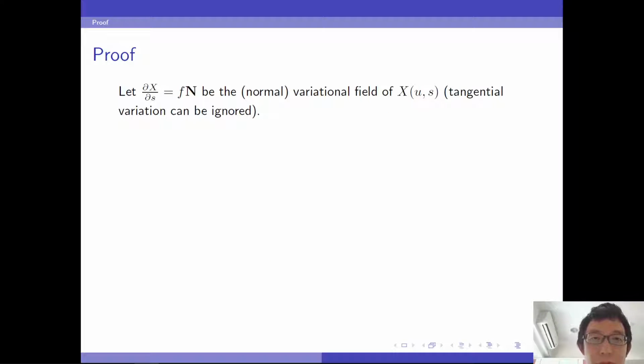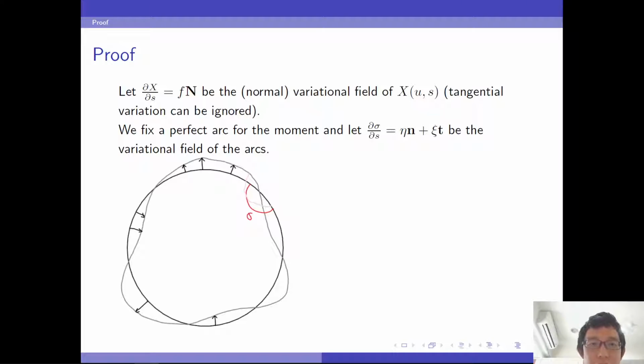So we assume that we have a normal variation. Here, the tangential variation can be ignored since it doesn't affect the geometry. The picture is depicted here. We have a perturbation of a unit disk, and the perfect arc of the unit disk will experience a variation marked by the pink curve.